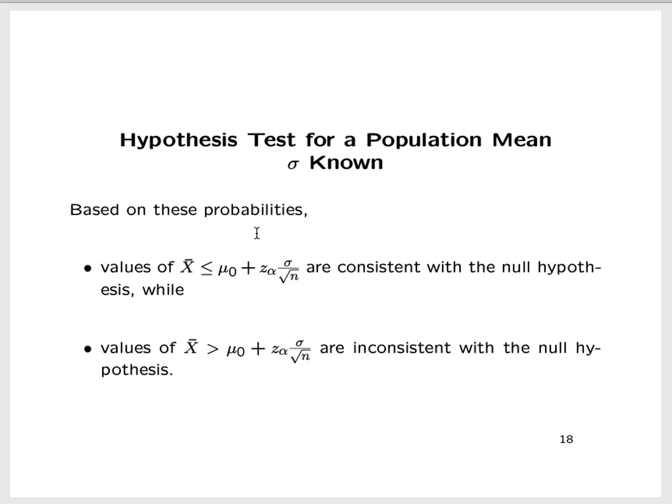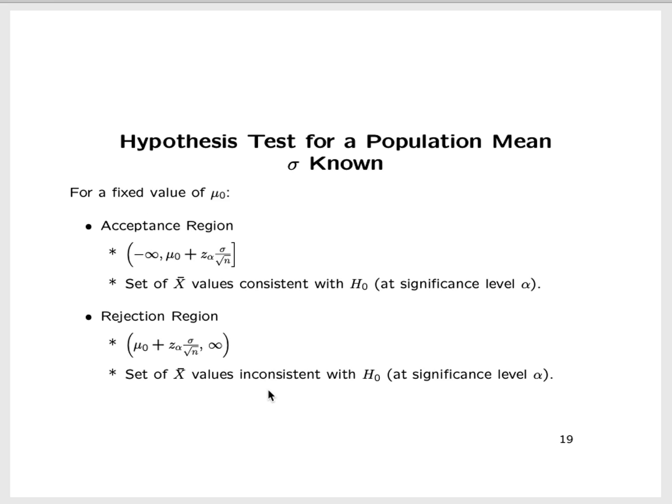Based on these probabilities, values of x bar less than mu sub 0 plus z sub alpha times the standard error of x bar are consistent with the null hypothesis, and therefore they would not lead us to reject the null hypothesis. On the other hand, values of x bar greater than that point are inconsistent with the null hypothesis, and therefore would lead us to reject the null hypothesis.